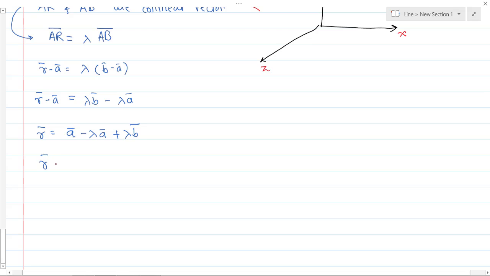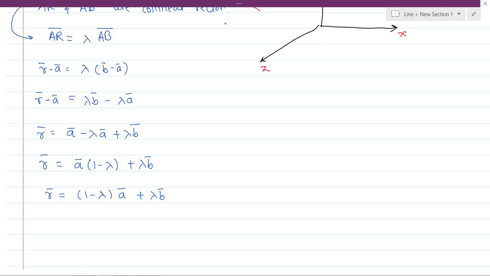If I take A bar common, I get A bar into (1 minus lambda) plus lambda B bar. Writing it systematically with coefficients: (1 minus lambda) A bar plus lambda B bar.